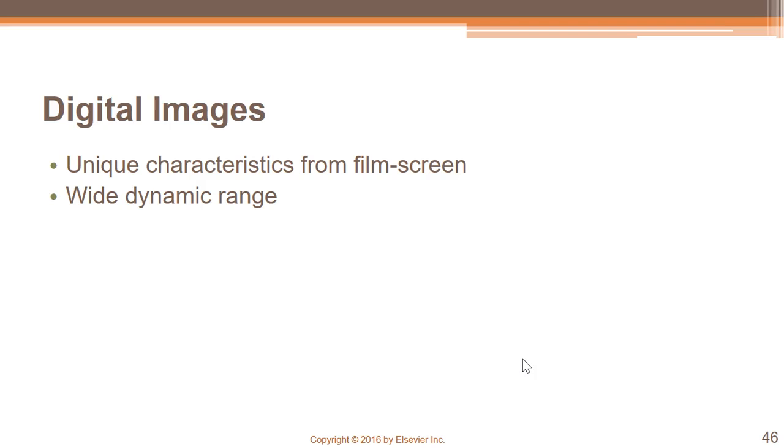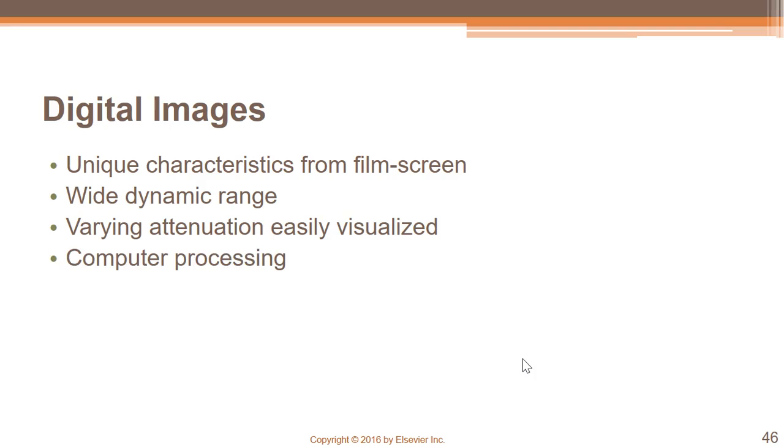We want to use exactly what we need. Anatomic areas of widely different attenuation, such as soft tissues and bony structures, are more easily visualized because of that wide dynamic range in digital imaging. In addition, because of computer processing, moderately underexposed or overexposed images may still be of acceptable diagnostic quality.